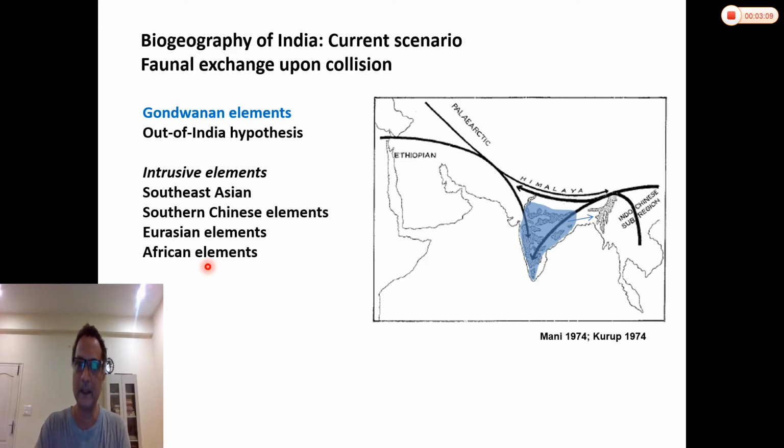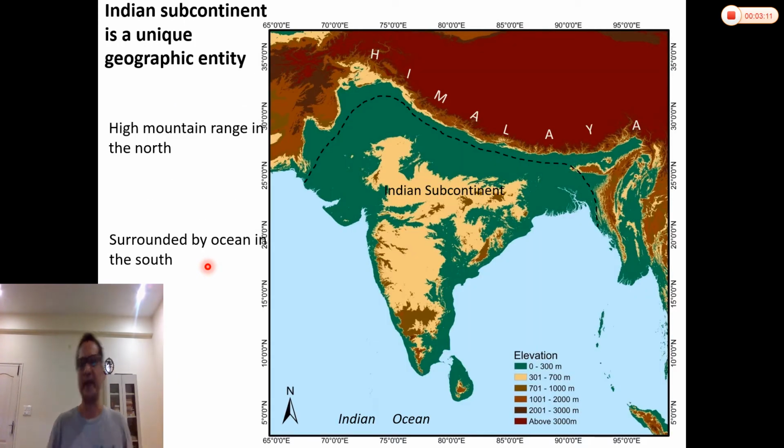Okay. But something else very interesting happened when India collided with Asia, and that is the emergence of the Himalayas, right? Now, if you look at the Himalayas today, it's like a wall that separates India from the rest of Asia, right?